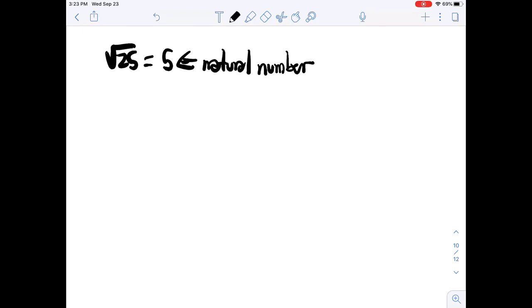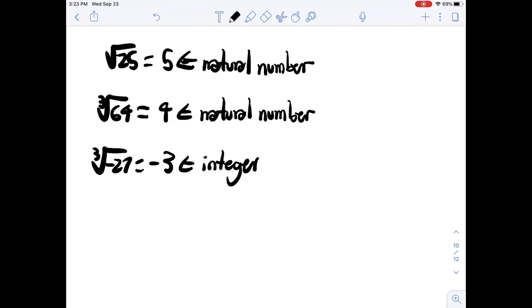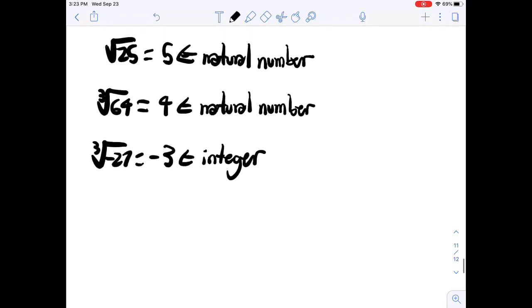And if you cube root a perfect cube, like cube root of 64, you get 4, and that's also a natural number. And you can even cube root a negative number, so cube root of negative 27, and you get negative 3, which is an integer. So perfect squares and perfect cubes are all rational numbers.